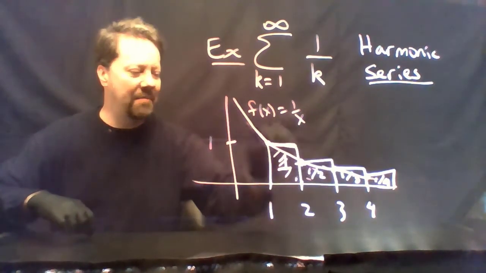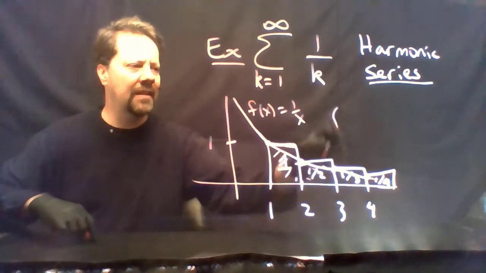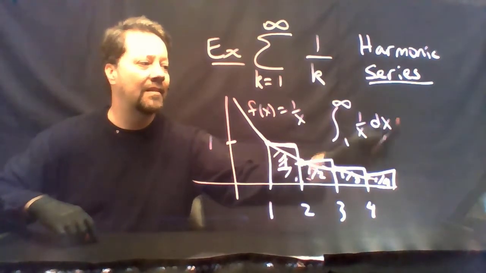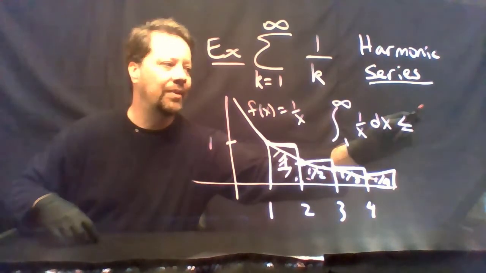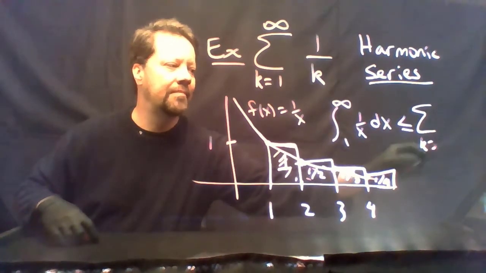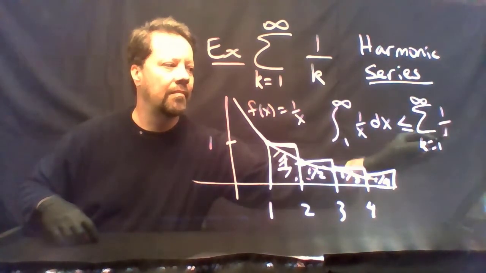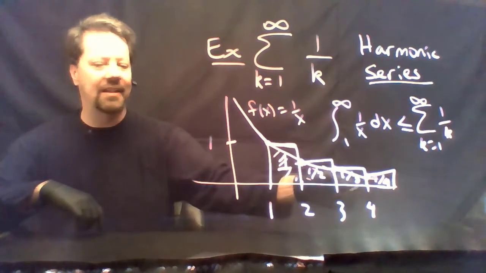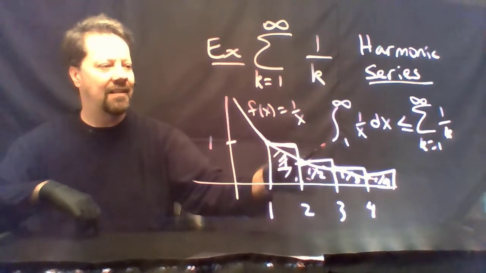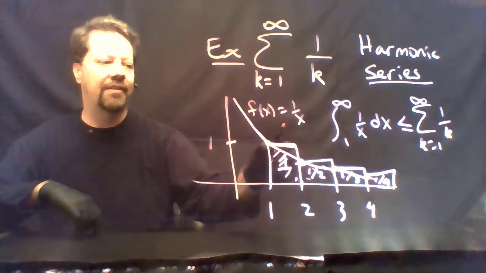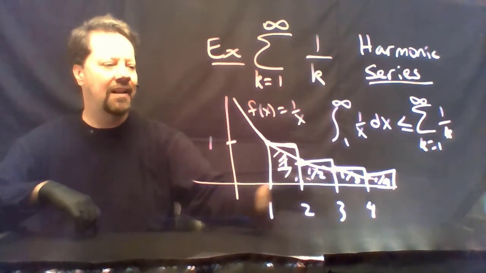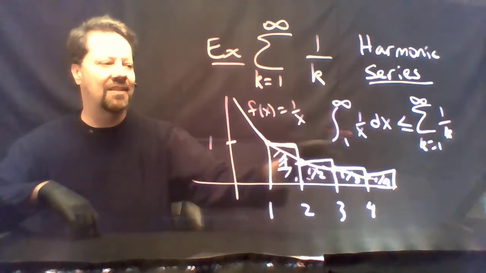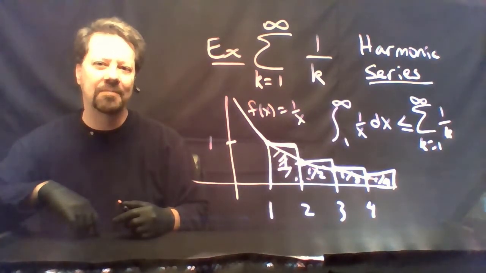It can be seen from the graph that the area under the curve 1 over x is less than or equal to the amount of the sum. Do you see that? The sum is the area of the rectangles added up. The integral gives you the area under the graph for the curve 1 over x. The area under the graph is below these corners on the rectangles, and hence you get a smaller total area.